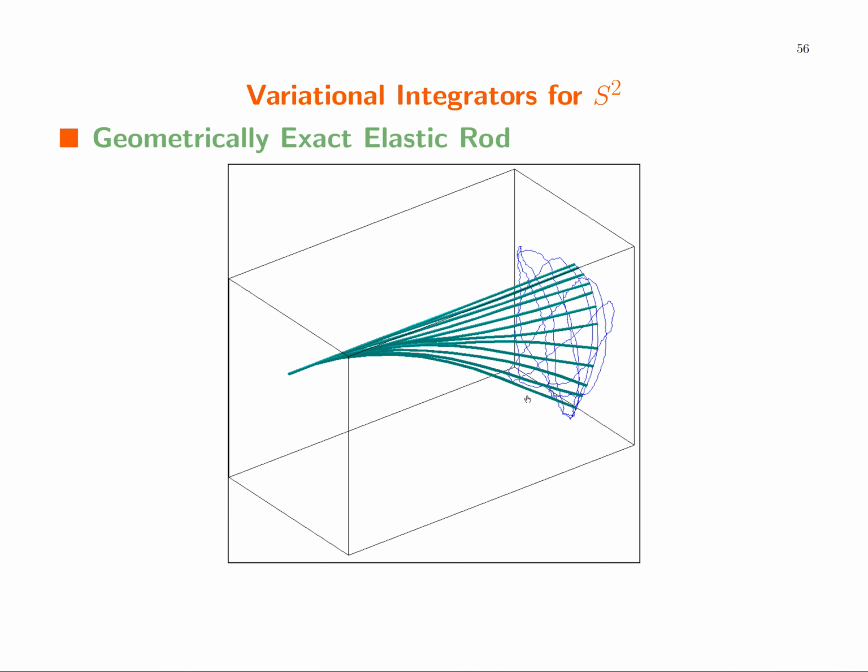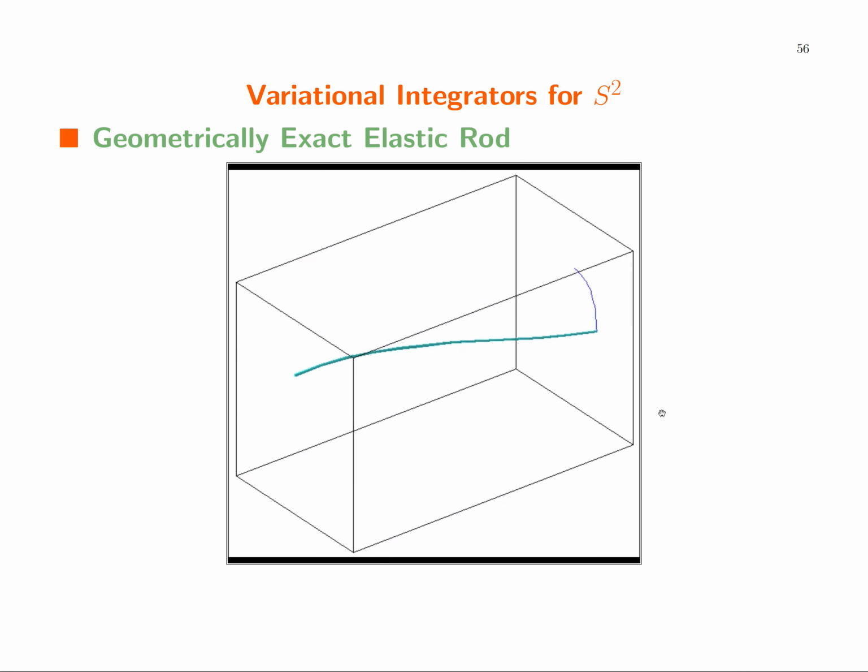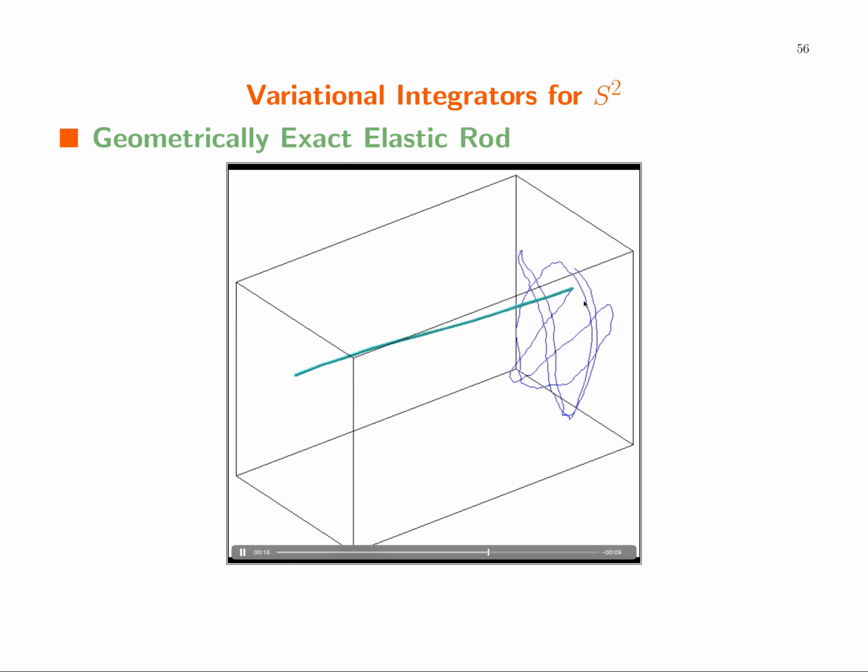So it's like a bending stress. You can see that it does a reasonably good job of approximating what you might see if you were to take a rigid rod, or a near rigid rod, and snap the end, and you'll see this kind of chattering effect.